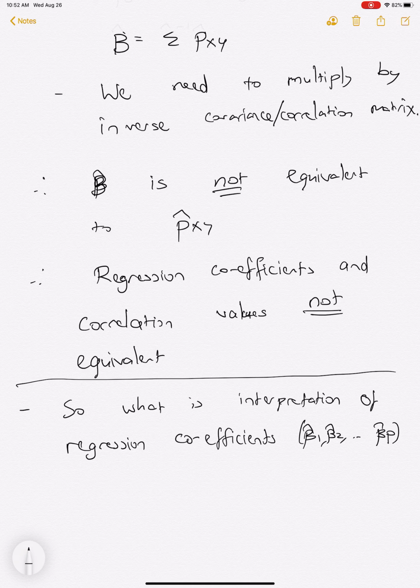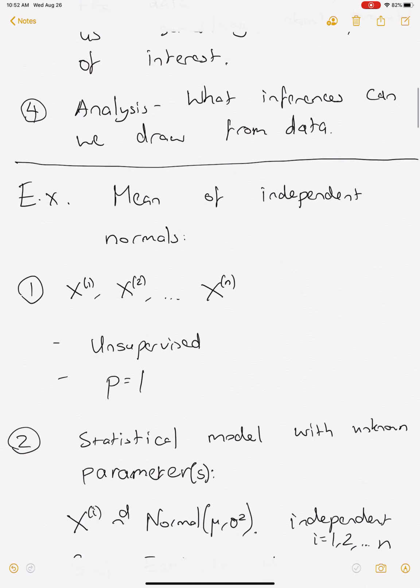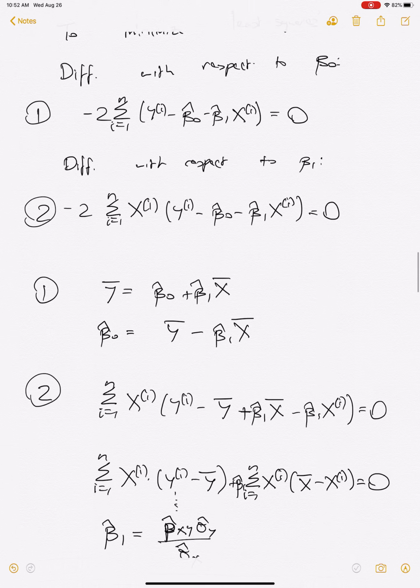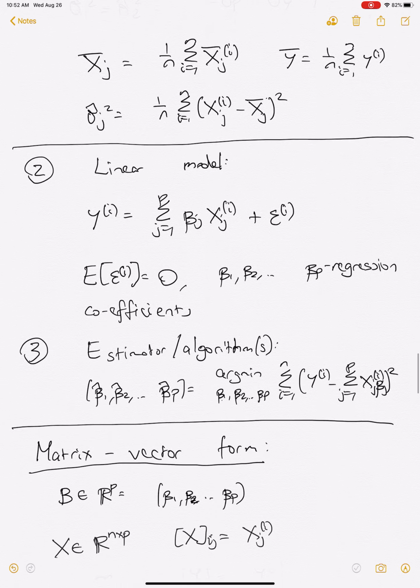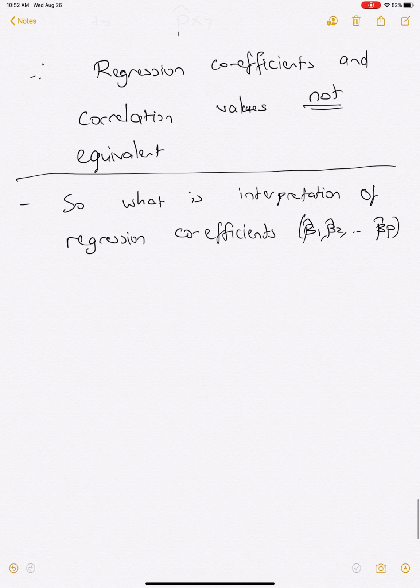And so what is the interpretation now? Because I've already told you that we cannot interpret this as the correlation coefficient, as the correlation between xj and y.